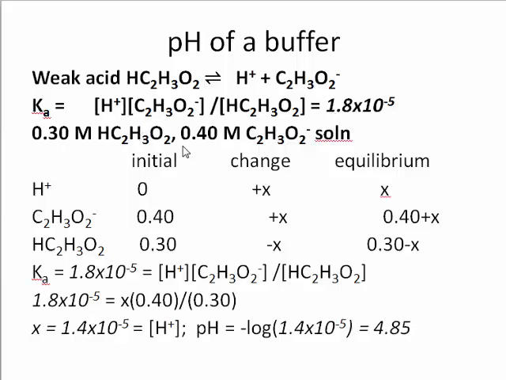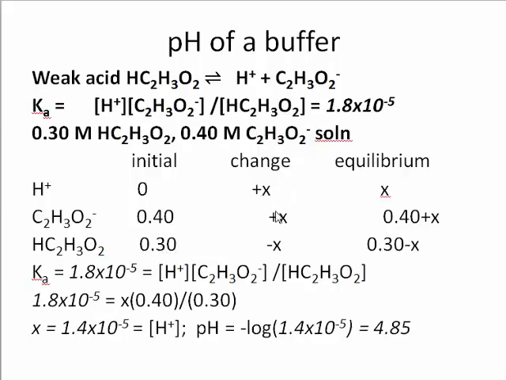Now our idealized beginning is we have 0.3 molar acetic acid and 0.4 molar acetate, and no dissociation reaction going on. So our hypothetical ideal state has no proton, 0.4 moles of acetate, 0.3 moles of acetic acid.